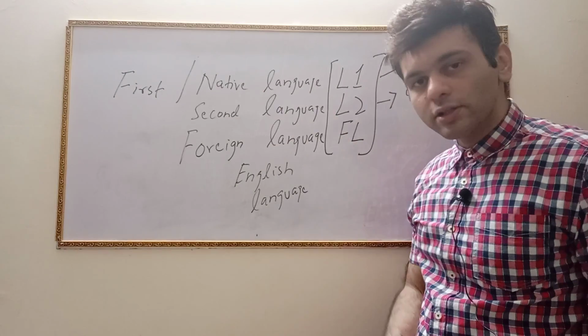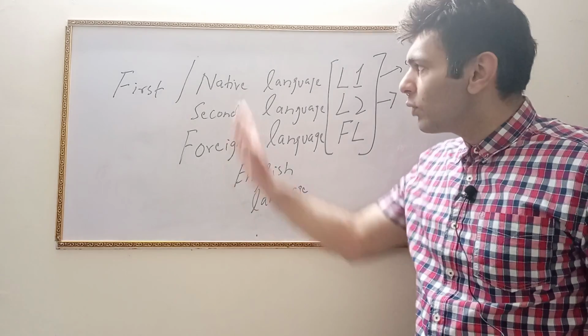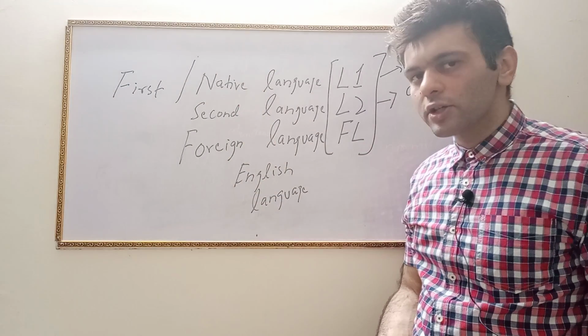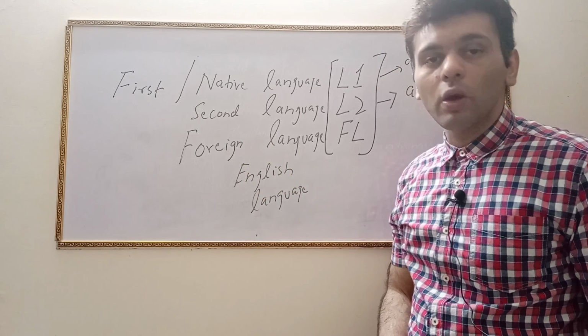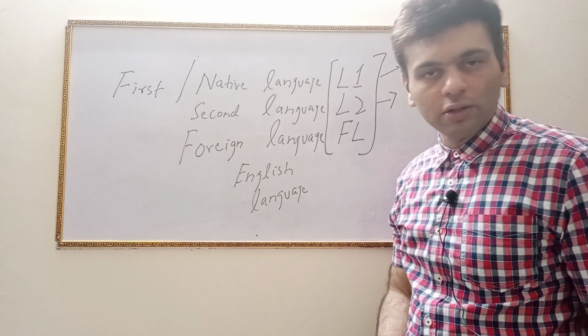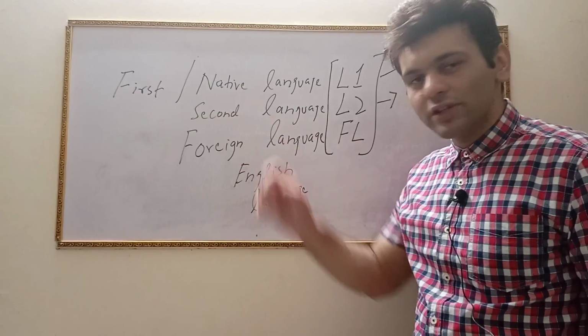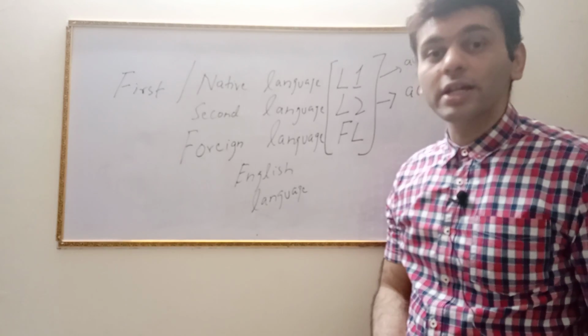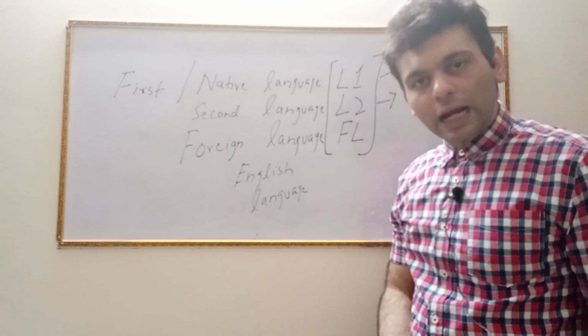In the case of first language or native language, it is quite clear. There shouldn't be any confusion. We all know what we actually mean by first or native language. But second and foreign have always been confused. The concepts have been overlapping. Why? Because we assume that English is a second language. No, it is certainly not. It is our foreign language. Urdu is our second language.